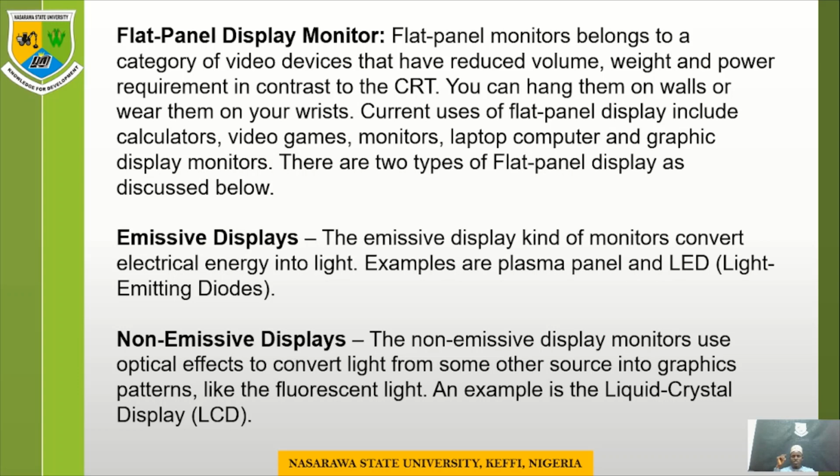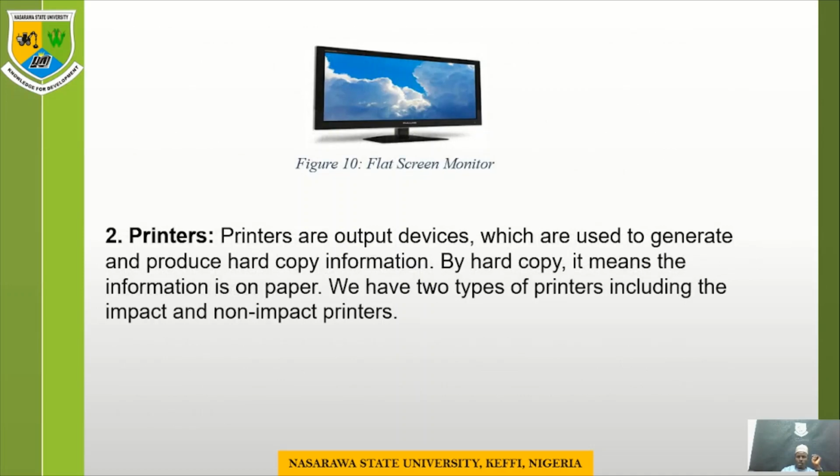An example is the liquid crystal display, LCD. So this is a non-emissive display, and it is also a type of flat panel display. If you look at it, it is better and has more resolution than the CRT.